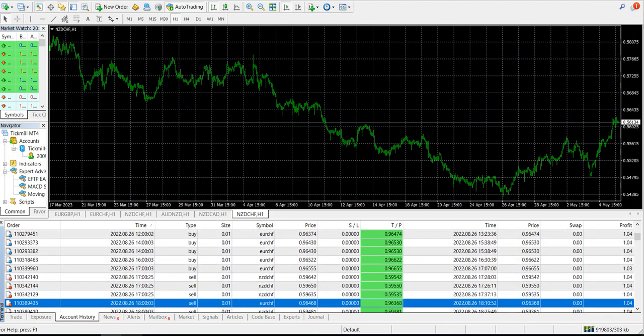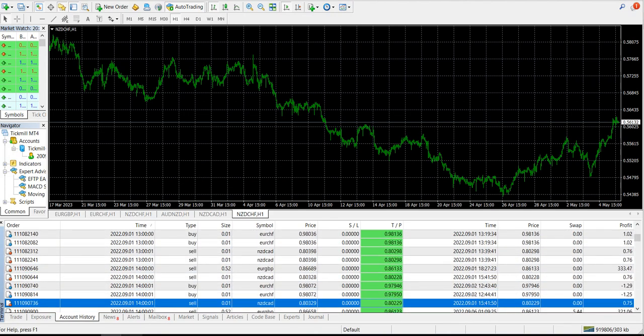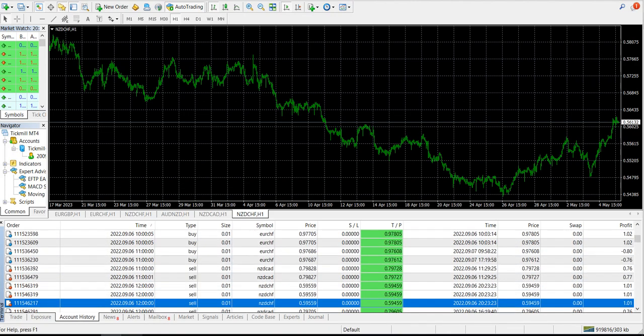And the same thing, if something good or bad happens in Euro, that will impact Euro GBP and Euro CHF both. So the idea is to diversify the pairs so that even if something good or bad happens with one currency, it will not impact your balance or the drawdown or the floating activity in your account.